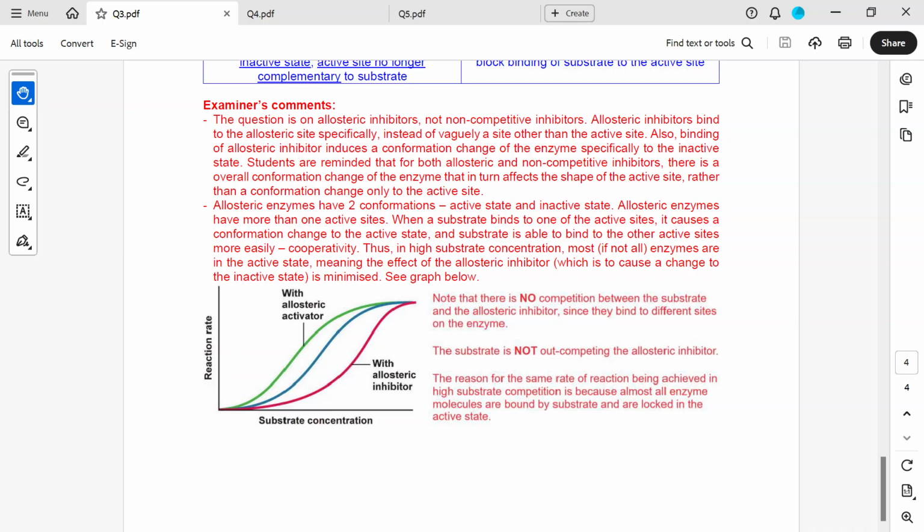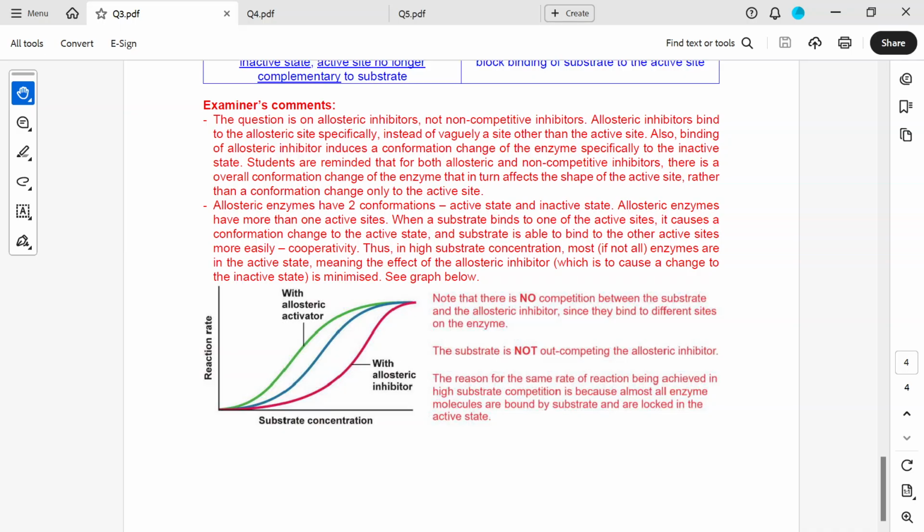Okay, so now let's not consider the activator, since the question is only on the inhibitor. But with high substrate concentration, what happens? With high substrate concentration, most, if not all, of the enzyme molecules will be bound by the substrate at any one time, which also means most, if not all, of the enzyme molecules are in the active state because of substrate binding and because of cooperativity.